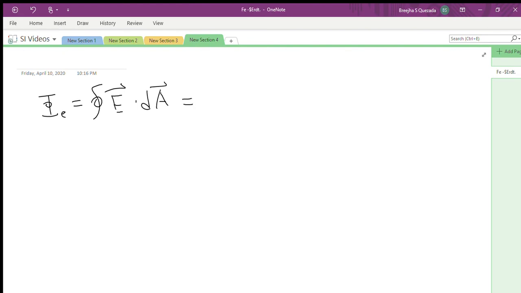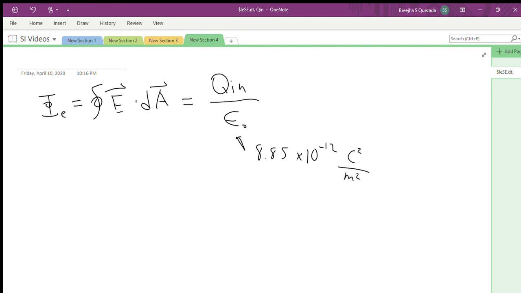But what was also introduced to us is the concept that this is also equal to Q net over the permittivity constant. This permittivity constant, just a reminder, is equal to 8.85 times 10 to the negative 12 coulombs squared per newton meter squared.